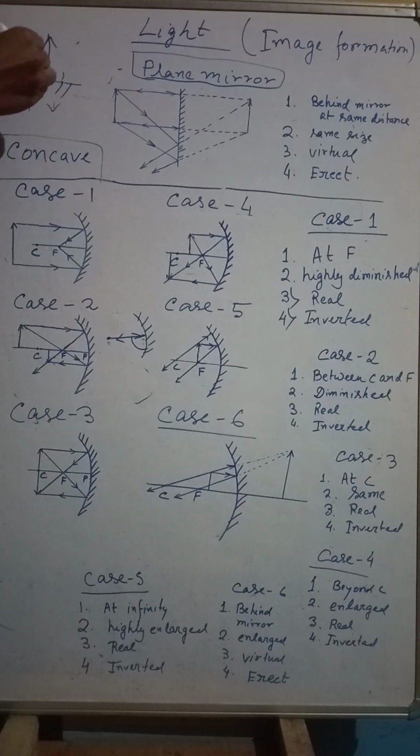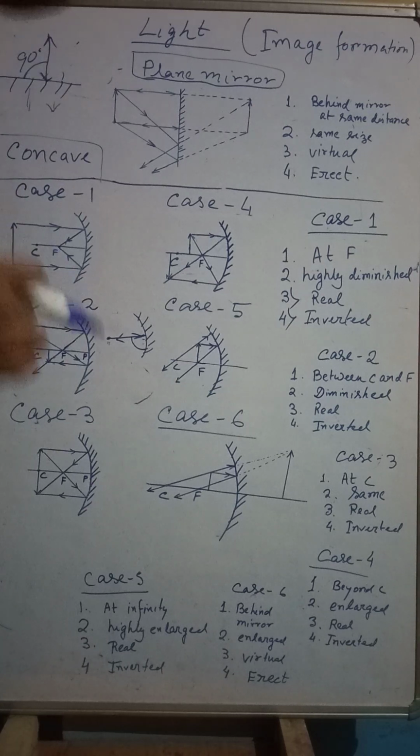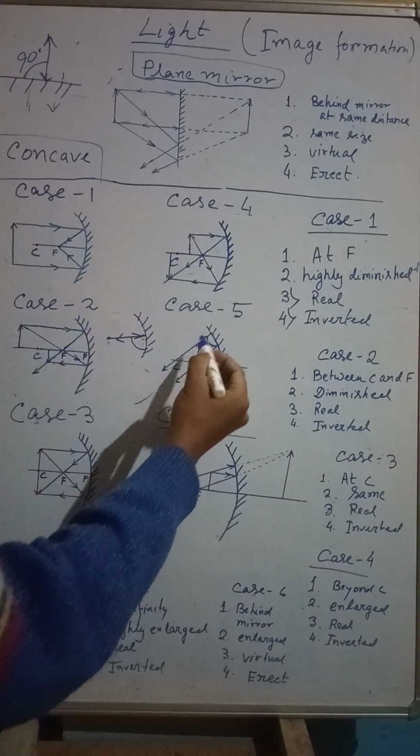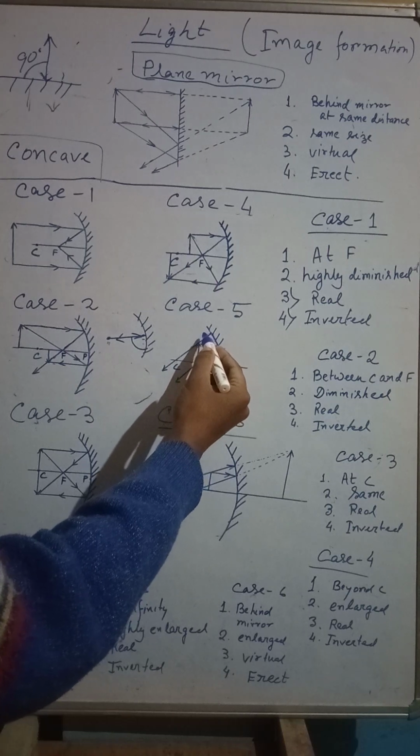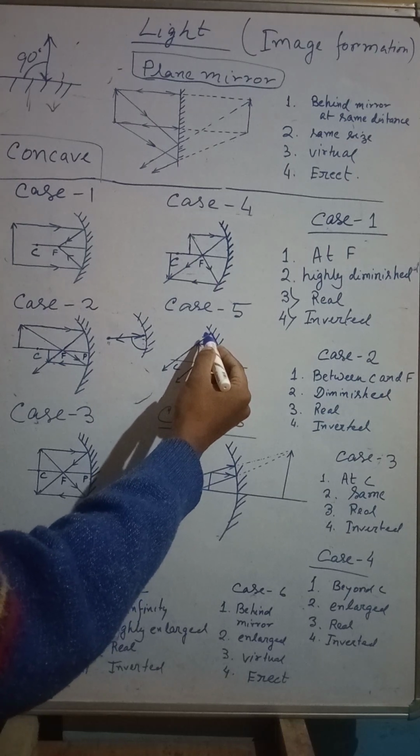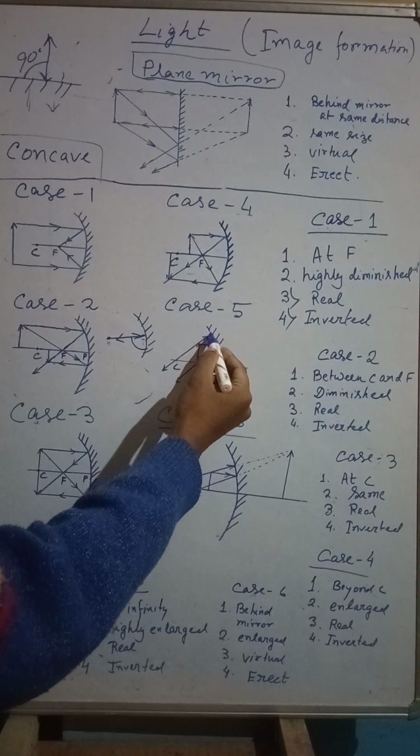Here the angle between the incident ray and mirror is 90 degrees, so the angle of incidence is 0 degrees and the angle of reflection will also be 0 degrees, as the angle between the reflected ray and mirror is also 90 degrees.